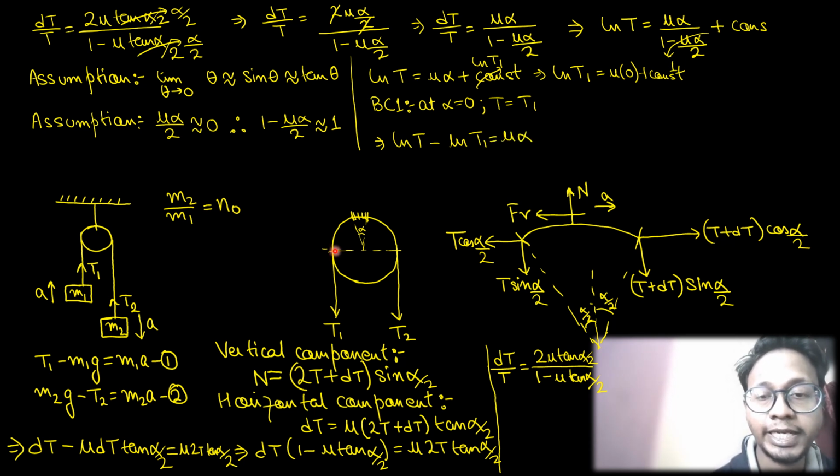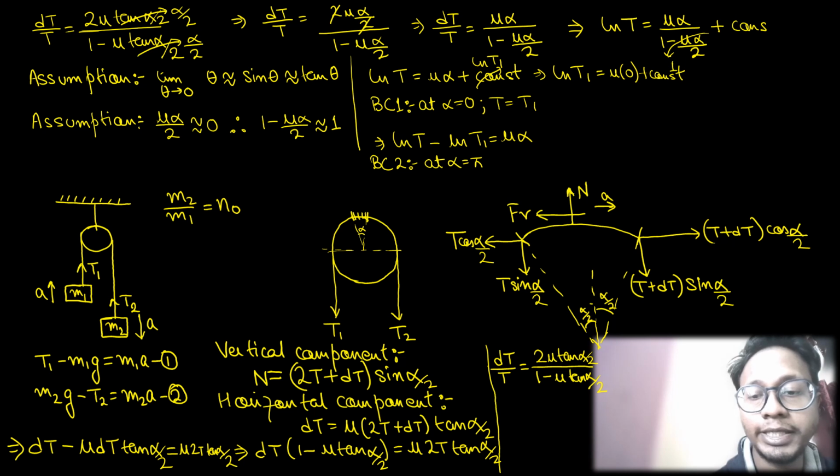Now I must apply the second boundary condition. Suppose I started from alpha is equal to 0 and went to alpha is equal to pi. So boundary condition 2: at alpha is equal to pi, or 180 degrees, the value of tension becomes T2.